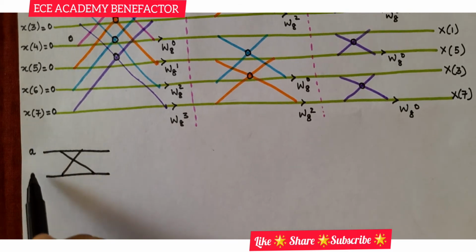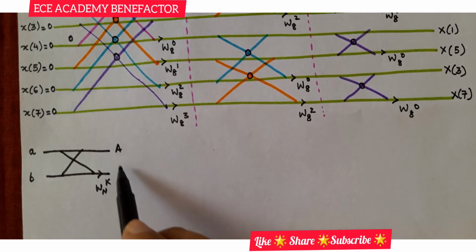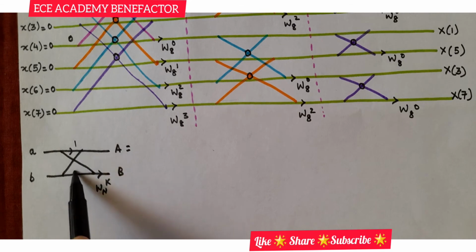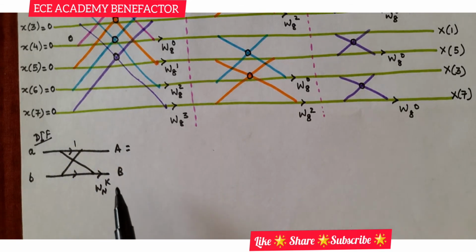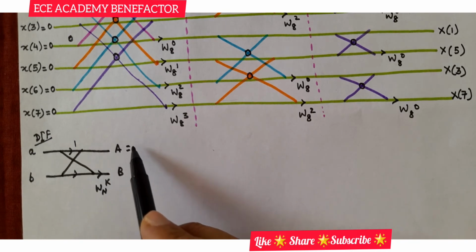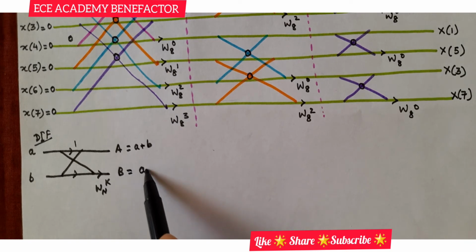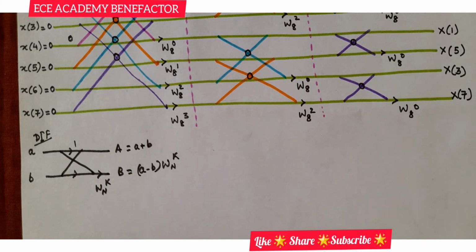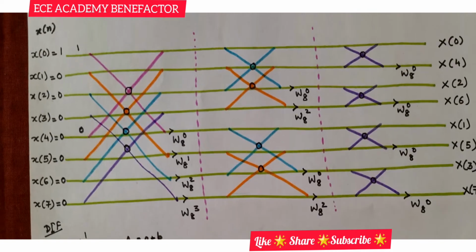If the inputs are A and B, and the twiddle factor is Wn to the power k, so capital A, capital B are the output variables. So the equation for DIF, this is a general butterfly diagram of DIF. So the equation of first line is A plus B, and for the below line it is A minus B, Wn to the power k. Okay, so these 2 formulas you have to use in this diagram.